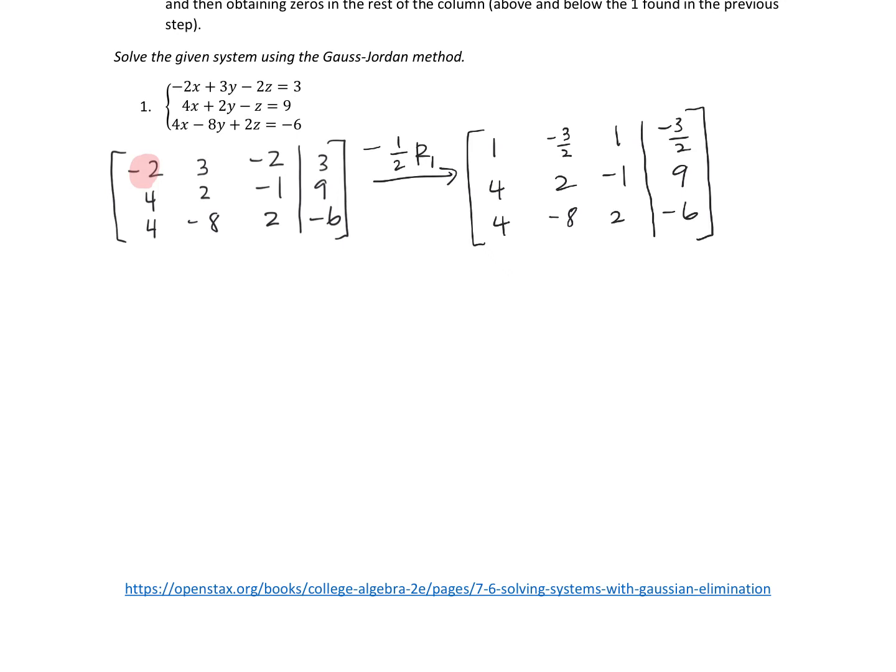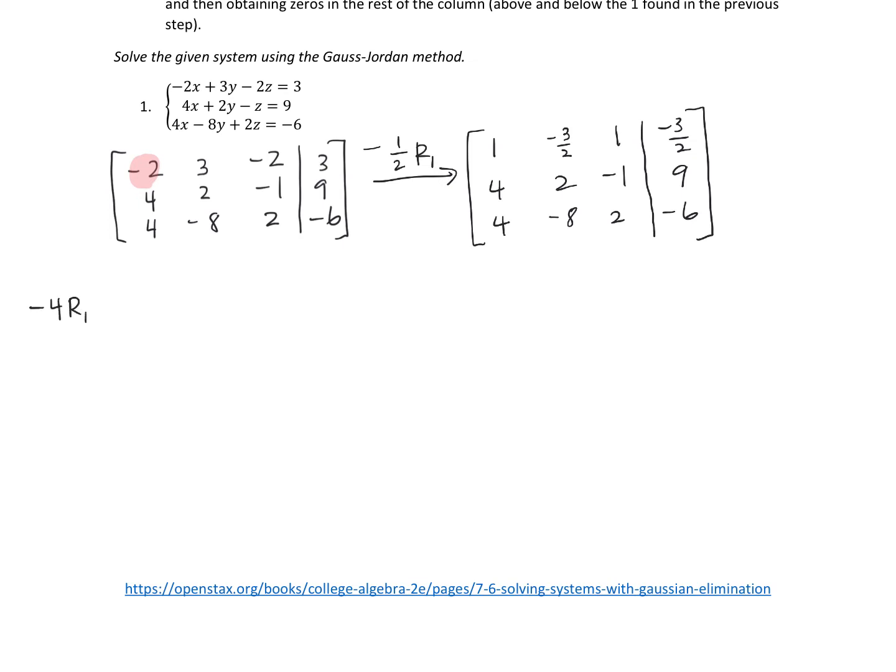Once I get that 1, my next step is to zero out everything below that 1. In this case, it's nice that both of the numbers under the 1 are 4s, because then I can multiply that top row by a -4 and then add it to each of the rows under it, and that will zero out both of those rows. So we're going to do -4 times row 1.